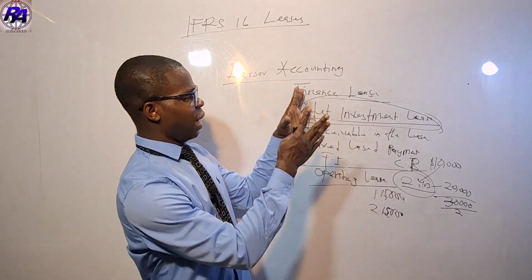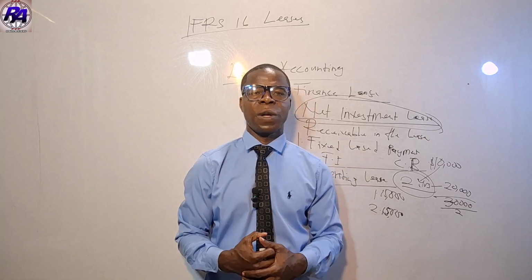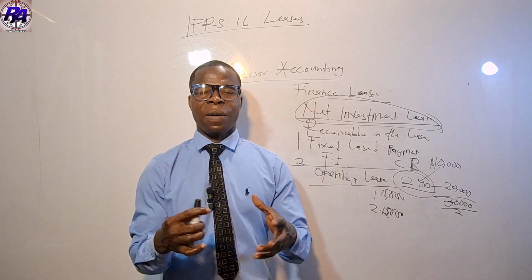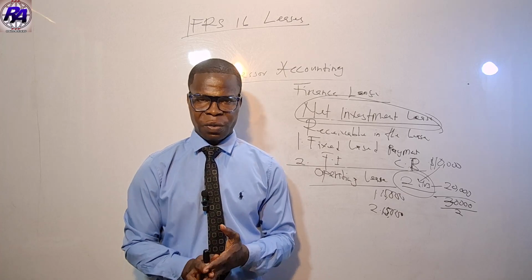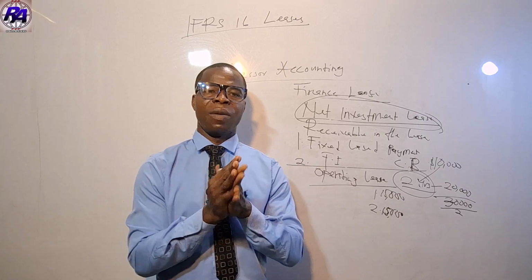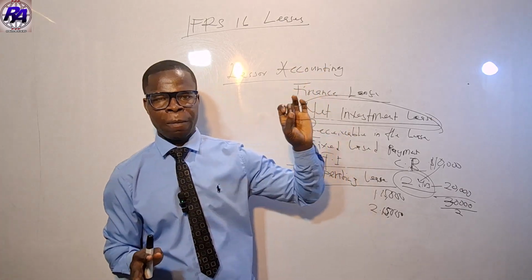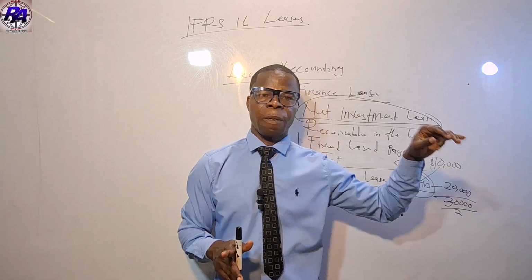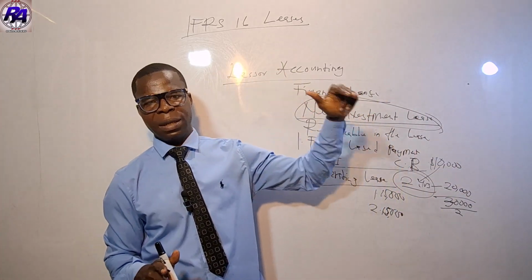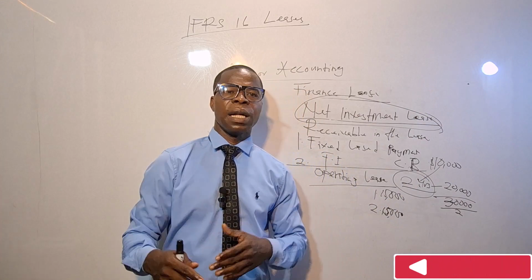So this is the end of how a lessor must account for a lease contract. Remember, I indicated in our introduction video that in leases or IFRS 16, there are 3 basic things we are looking at: the lessee accounting, the lessor accounting, and the sale and lease back. So our next lesson will be on the sale and lease back.